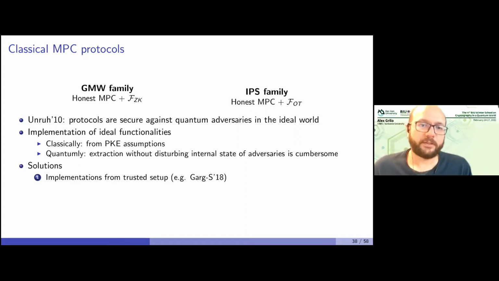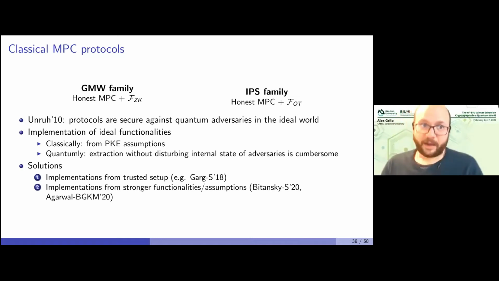For example, in the work by Garg and Srinivasan, they implement a protocol that, for instance, has a common random string available to all the parties. This CRS should come from a trusted party, and assuming that it was generated correctly, the protocol is secure even against malicious quantum adversaries.